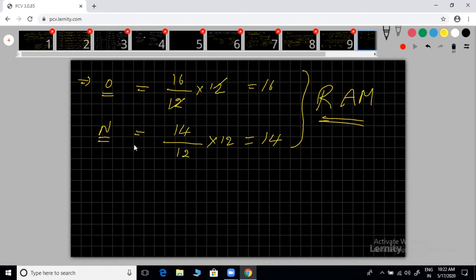Now I am giving the unit: atomic mass unit.